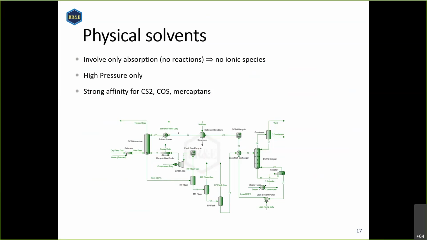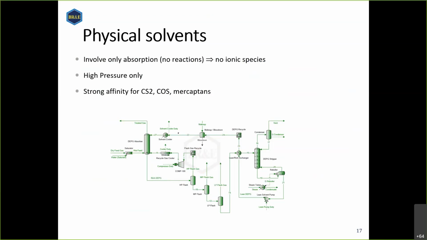With amines, dropping from a high to low pressure doesn't really tend to regenerate very much because the acidic species are held onto chemically by the base. But with physical solvents, just dropping to a low pressure will really get rid of a lot of the species that have absorbed.